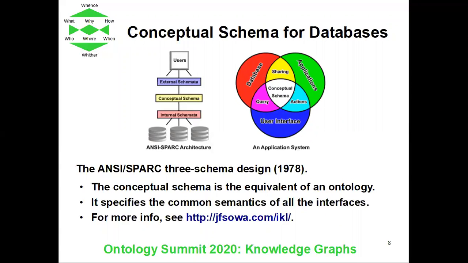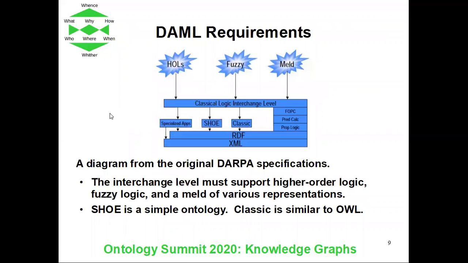And slide 9 is the DAML requirements. These were the requirements written by Jim Hendler, who was the project manager for the DAML project, which became the foundation for the semantic web. Here is the diagram that he had in the requirement specification, and it showed that the interchange level must support higher-order logic, fuzzy logic, and a meld of various representations used in all the applications.